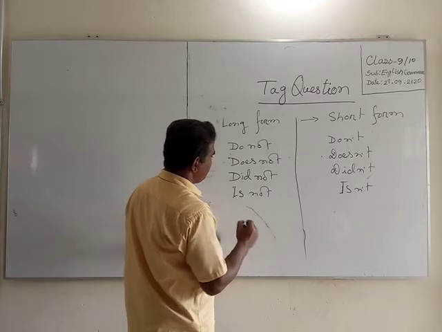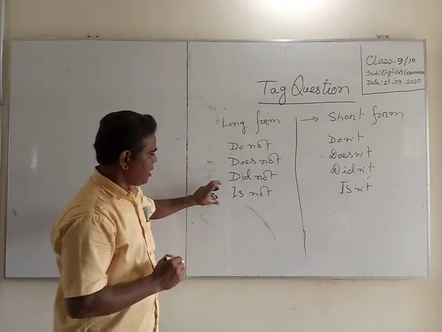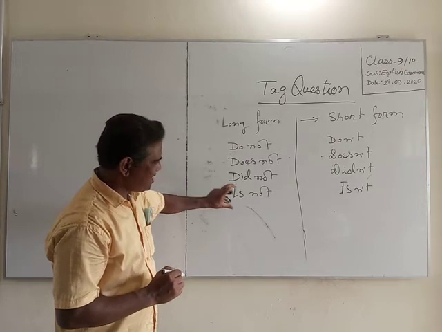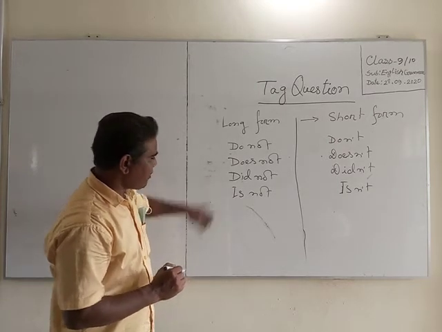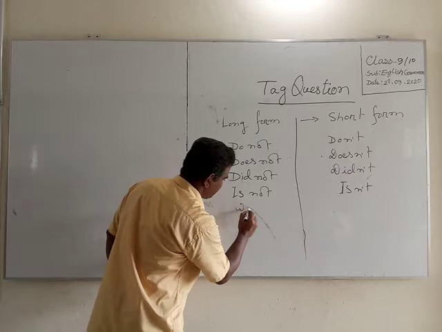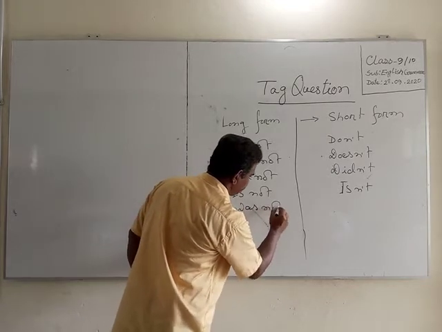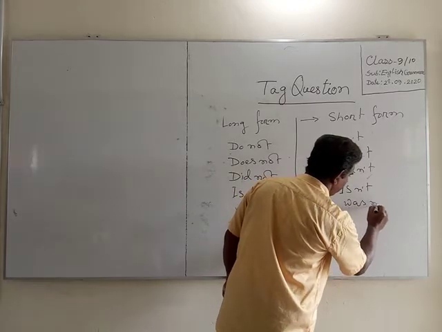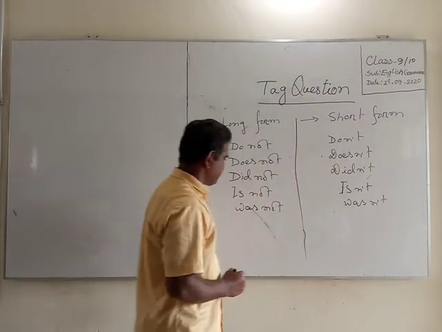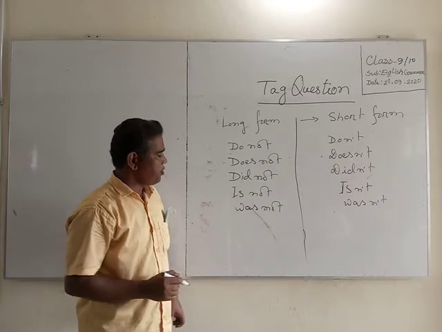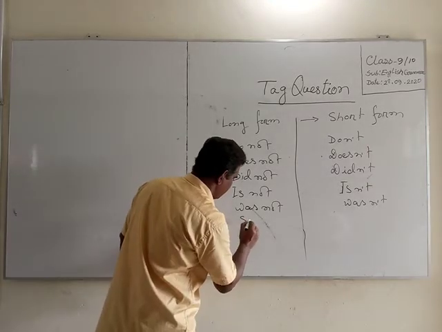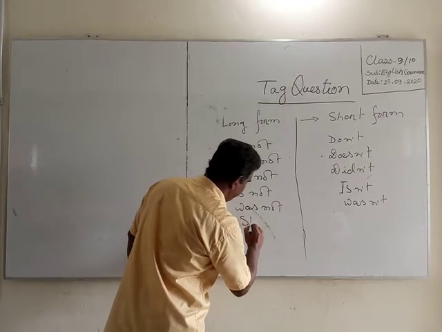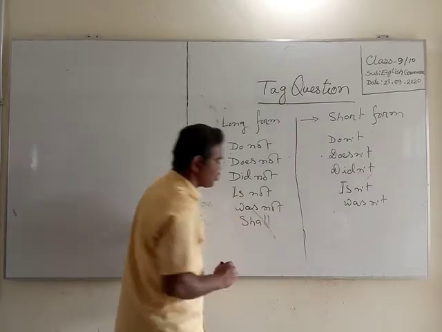In that way, the present auxiliary will stand in the way of the past auxiliary: was not, wasn't. Now future auxiliary, shall not. Here is another thing that you will see on the board.